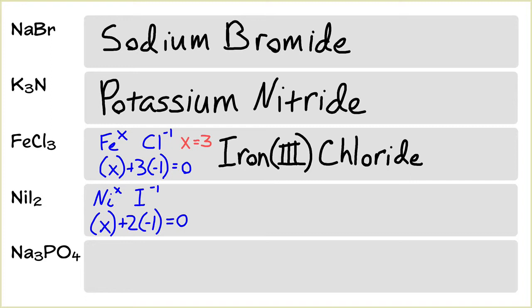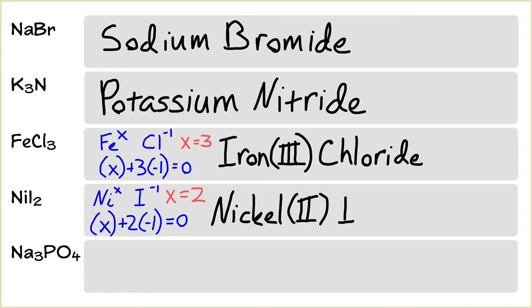And so you probably figure out that the charge on the nickel needs to be a +2. So when we name the compound, it's going to be nickel. And then we put parentheses down and then a Roman numeral 2, because it has a +2 charge. And the second element, the nonmetal, is only one type, so we're going to call that iodide.